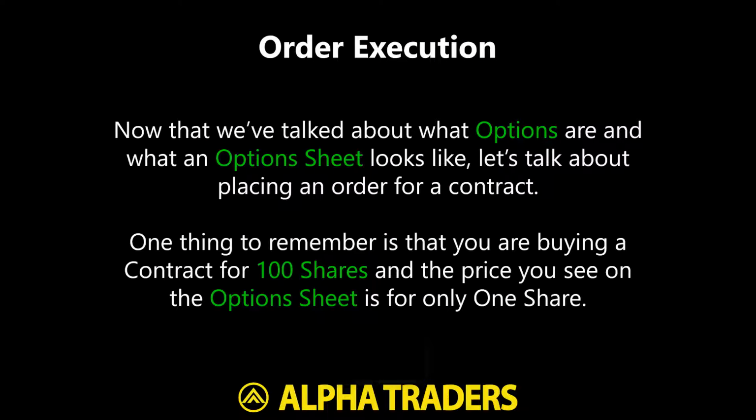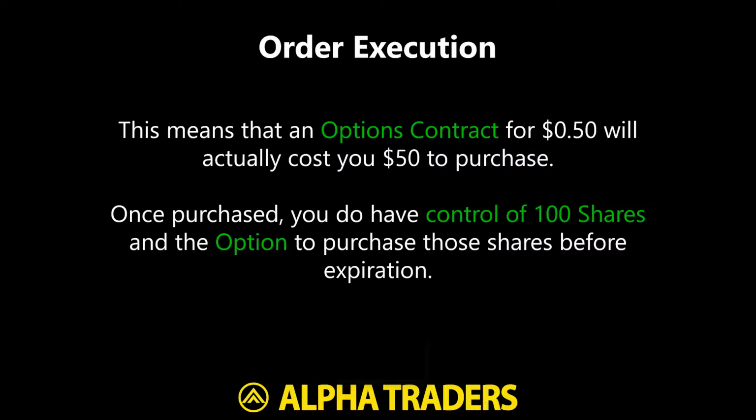So now that we talked about options, what they are, what an option sheet looks like, let's talk about placing an actual order for a contract. One thing to remember is that when you're buying a contract for 100 shares, the price that you see is only going to be for one share. For example, if we see an option on the sheet and it's going for 50 cents, this is going to cost you $50.